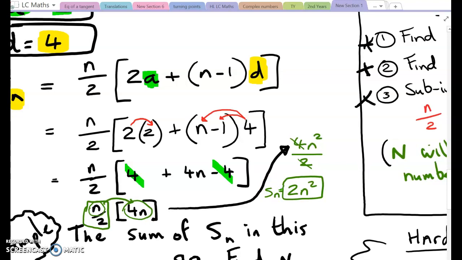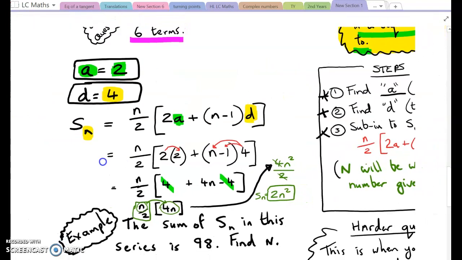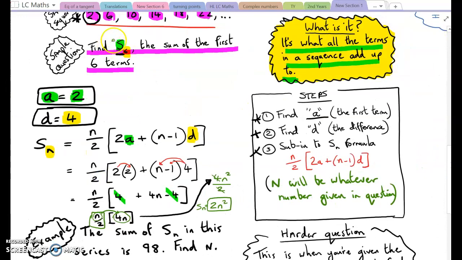Now, like it said in the question, they're looking for S6. They're looking for the sum of the first 6 terms. So that's where I'm going to use my SN formula that I've just created, and I'm going to sub in 6 for n.